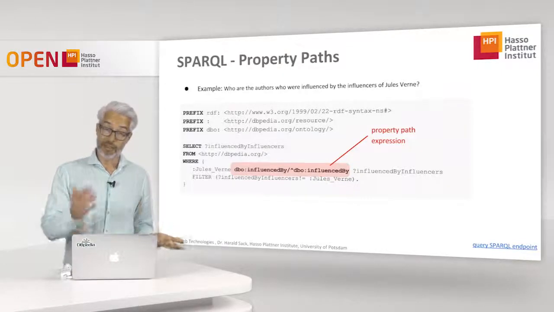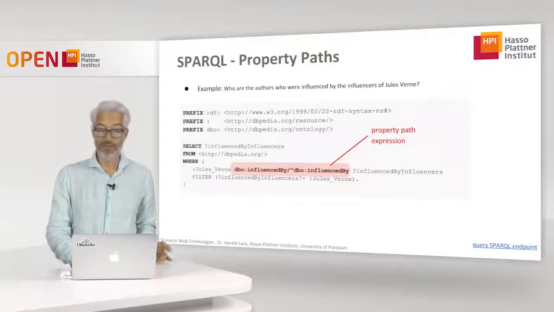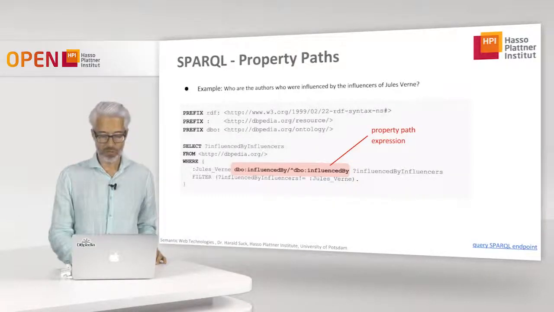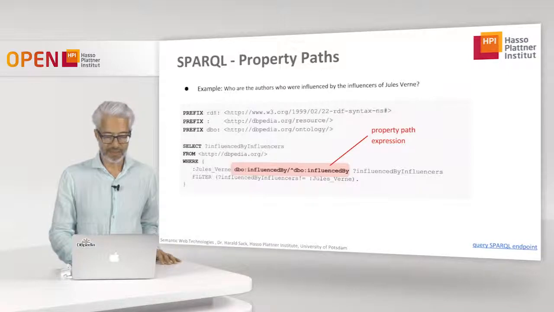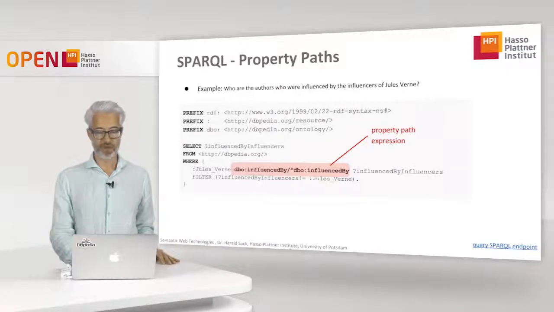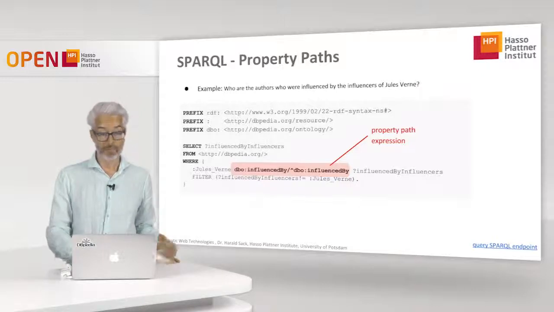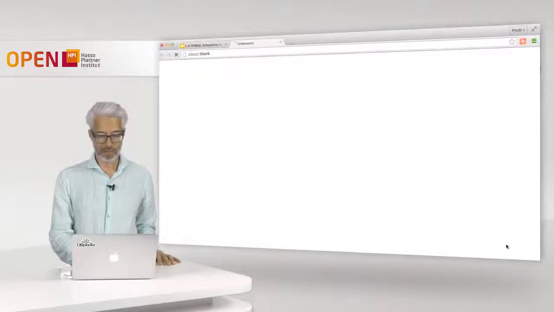And of course, like in the case before, we know Jules Verne was influenced by the same people as Jules Verne, so we don't want to have him among our results. So therefore, I simply constrain this by a filter expression where I say the influencedByInfluences variable should, of course, not be Jules Verne himself. So let's try this out on our SPARQL endpoint.